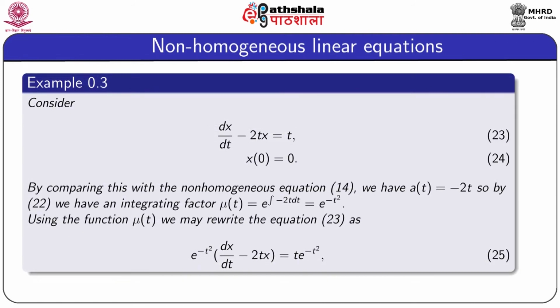We consider the example dx/dt minus 2 t x equal to t with initial condition x 0 equal to 0. By comparing this with the non-homogeneous equation 14, we can see that the function a t is equal to minus 2 t, and therefore the integrating factor will be given by mu t equal to e to the power integral of minus 2 t dt.